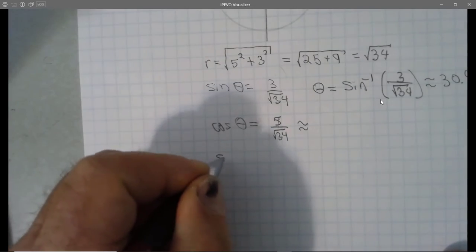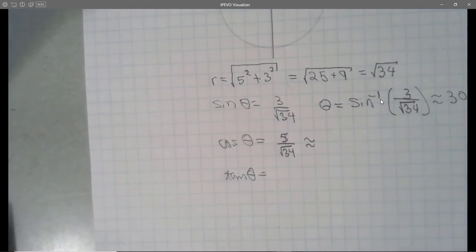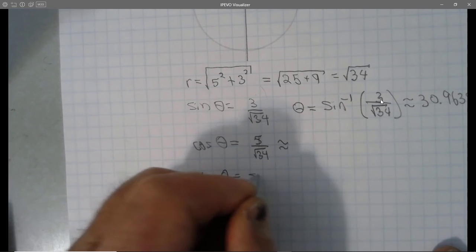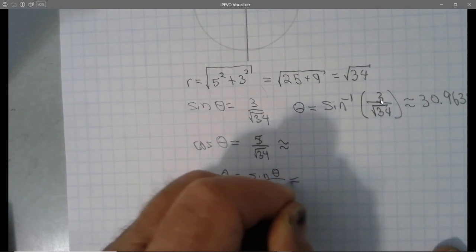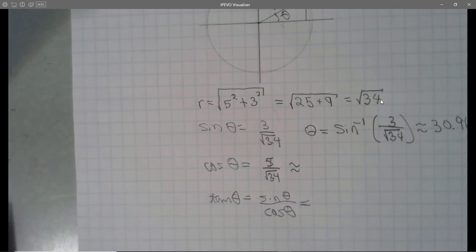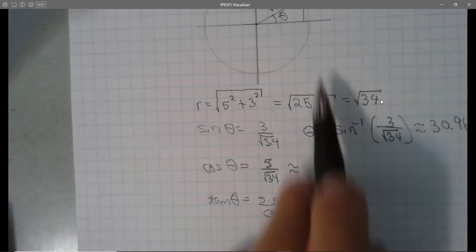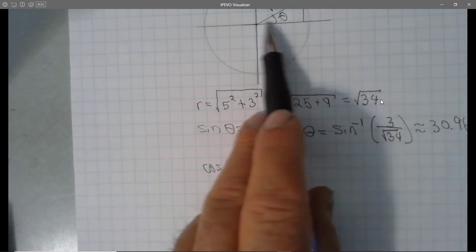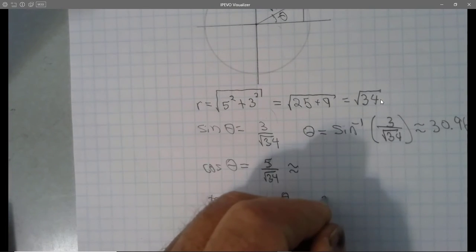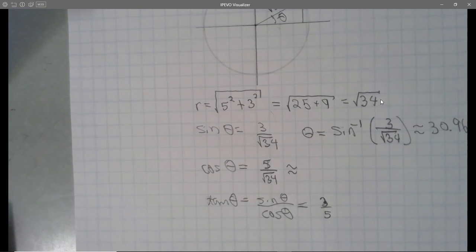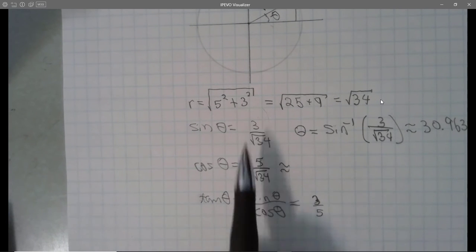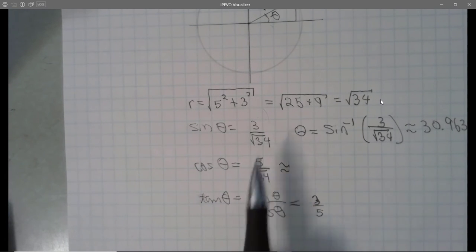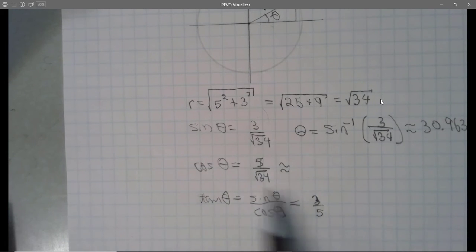Now, once I have the sine and cosine done, I'm good to go on all the rest. For instance, what is the tangent of theta? Well, we know that the tangent of theta is equal to the sine of theta over the cosine of theta, or another way of looking at it, it is the opposite over the adjacent. The opposite side is 3, the adjacent side is 5, that's 3/5, or 0.6 if you want it as a decimal. Of course, we could have gotten it from this. If you take this, divide by this, the over root 34 part will cancel out, and you'll get 3/5.